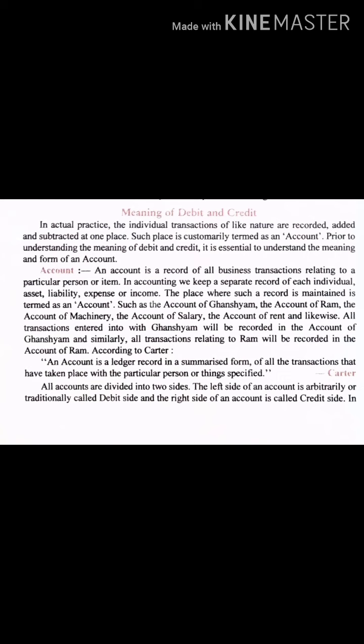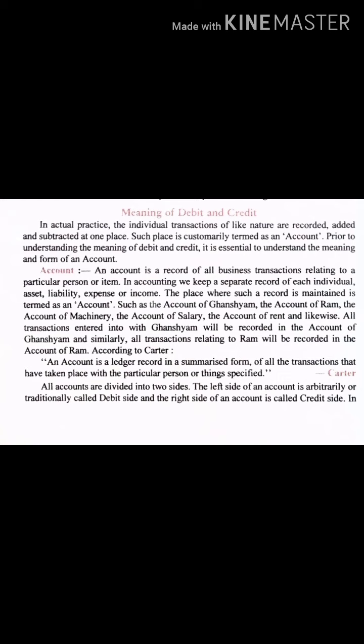Such as, suppose, the account of Ghanshyam Das, the account of Ram, the account of machinery. What I mean to say is, Ghanshyam has maintained accounts in his book. He will make an account of all the persons or items in his entries, like an account of Ram, then machinery, salary, rent.